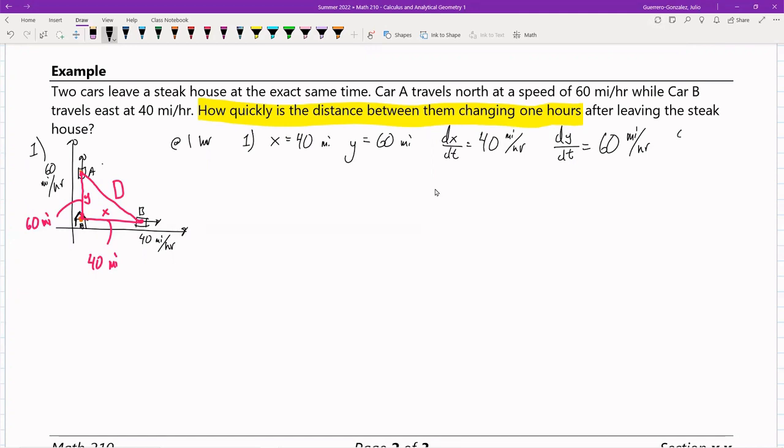We are looking for big D over dt, the change in the distance, big D, with respect to time.